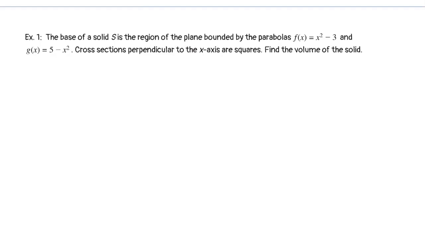Okay. So example 1, the base of a solid S is in the region of the plane bounded by the parabolas f of x equals x squared minus 3 and g of x equals 5 minus x squared. And so if we say, let's go ahead and draw these, all right?